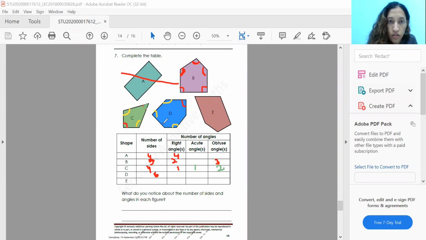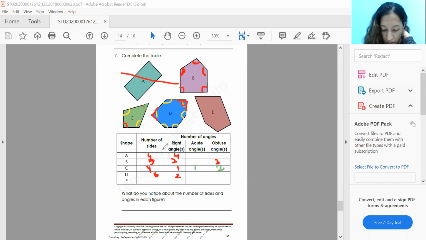Let me just draw all the angles for you so it's easy to identify, okay? So where are our right angles? As you can see here and here, right? And also right over here and right over here. Okay, so basically there are 2 right angles.